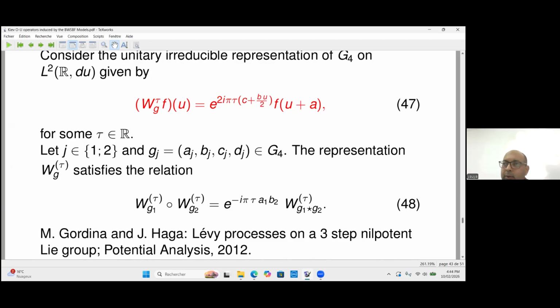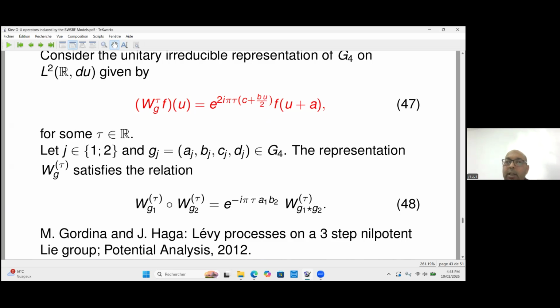We shall consider a representation used by Gordina and Luo in the construction and study of the quantized generator of a Levy process on a three-step nilpotent Lie group. This representation is unitary on L2(R, du), the classical L2 space.